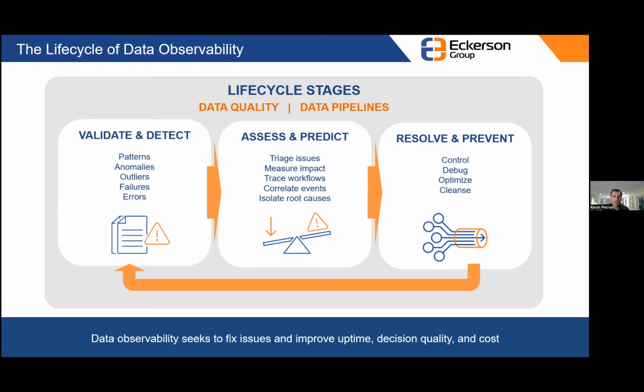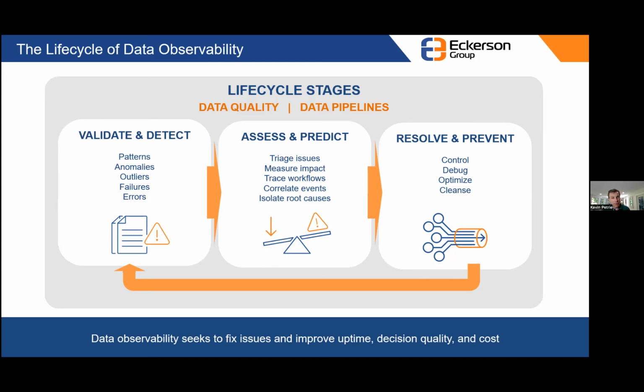assessing and predicting. Here, data teams are triaging issues, creating a stack rank of what they need to handle. They're measuring the impact. They're assessing the sensitivity of their workflows, of their data consumption to errors or issues that arise.